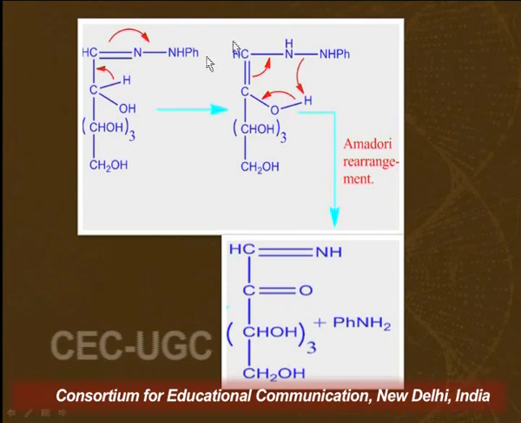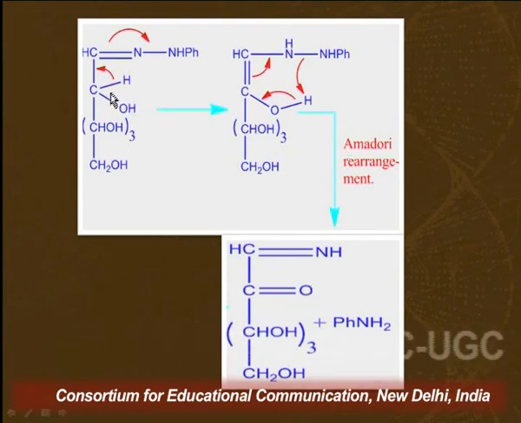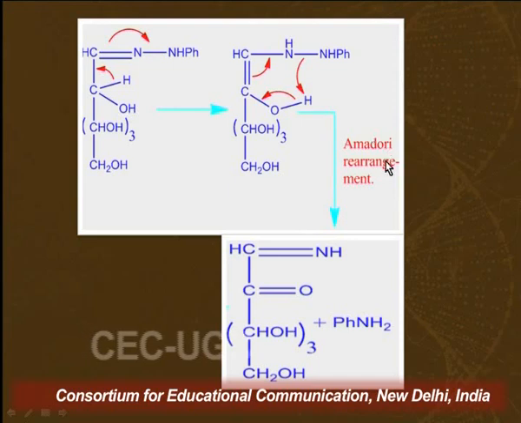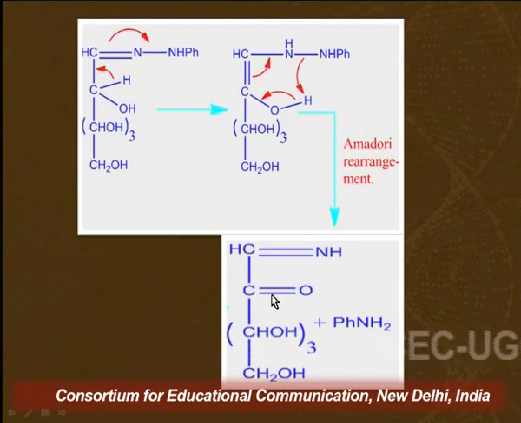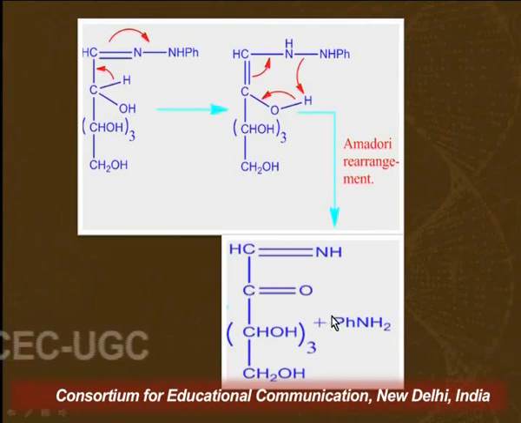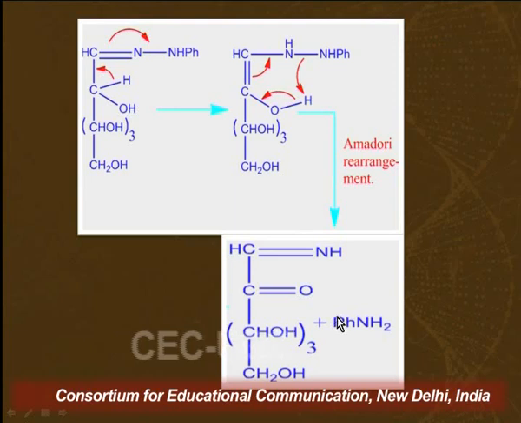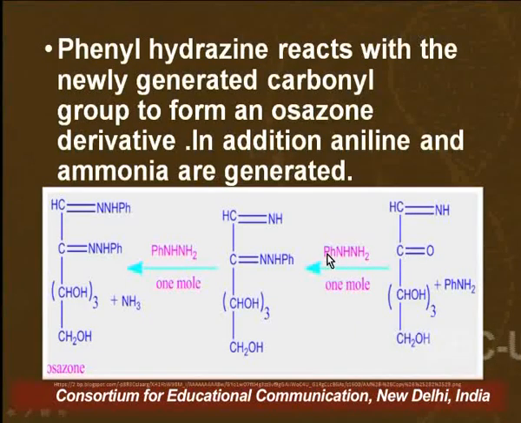So this is what happens during Amadori rearrangement: first tautomerism takes place, resulting in formation of this intermediate, and then this intermediate undergoes Amadori rearrangement, resulting in generation of the carbonyl group at the second carbon and the elimination of aniline here. Now what happens in the next step?